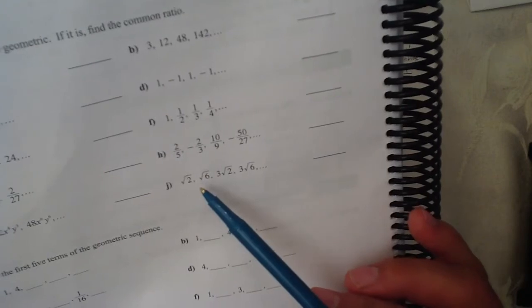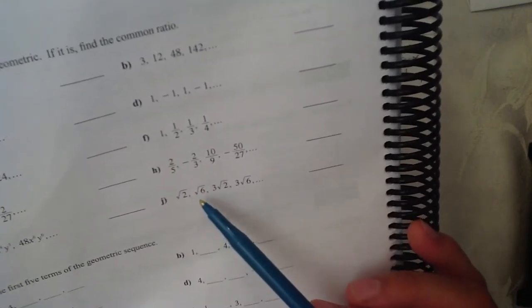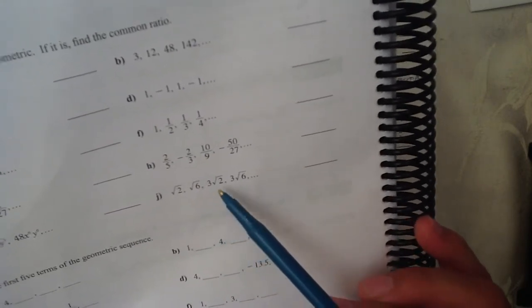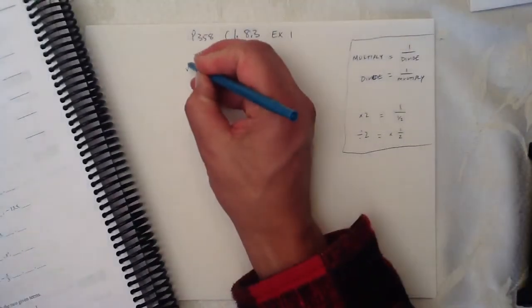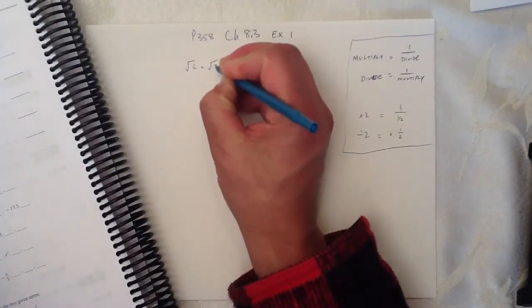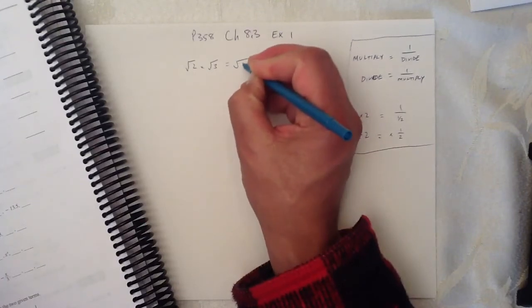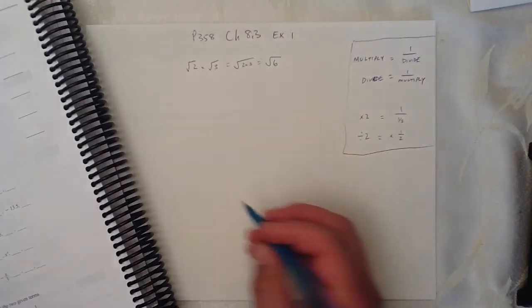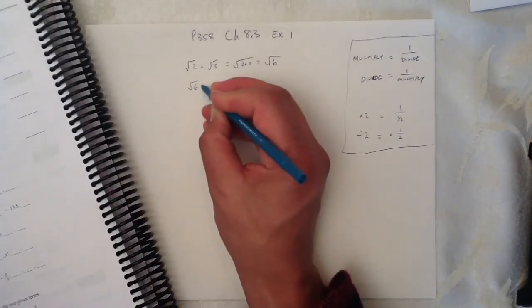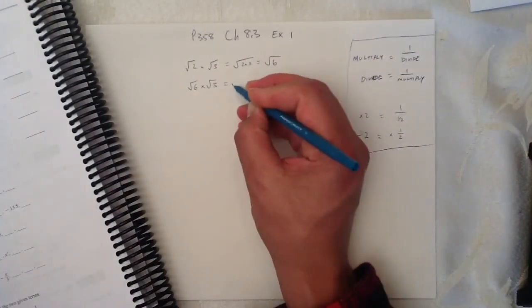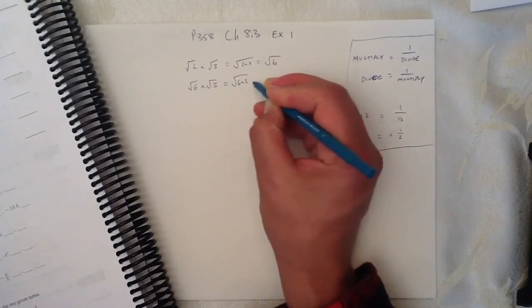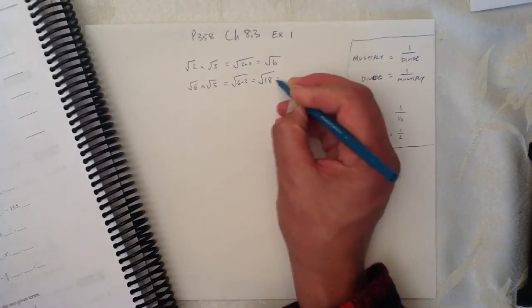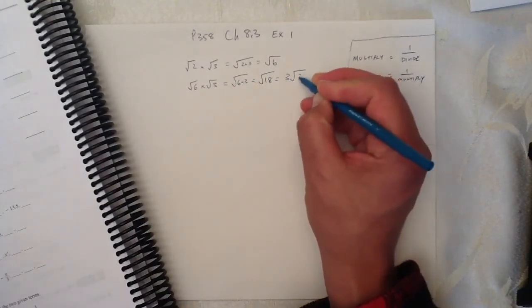So we can reason that it should be a multiple of root 3 times root 3 times root 3. Let's test that out. Root 2 times root 3 equals root 2 times 3 equals root 6. Root 6 times root 3 equals root 6 times 3 equals root 18, which equals 3 root 2.